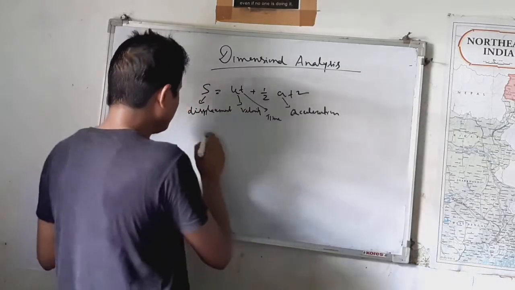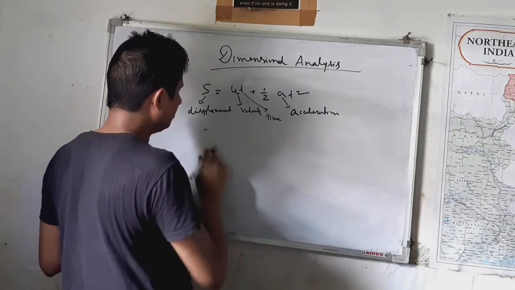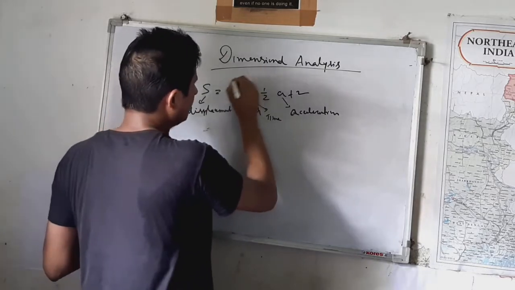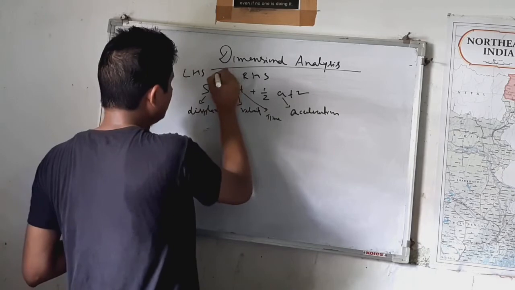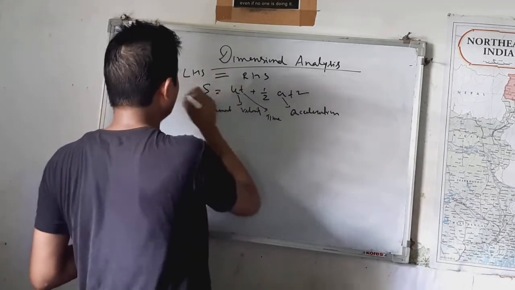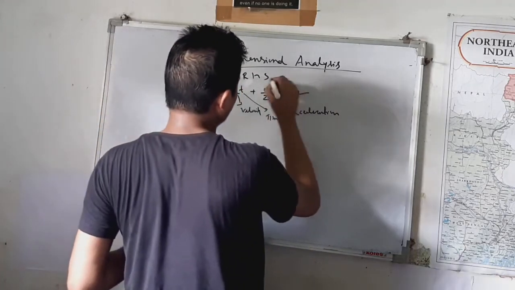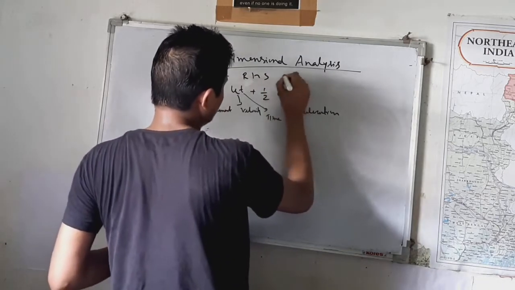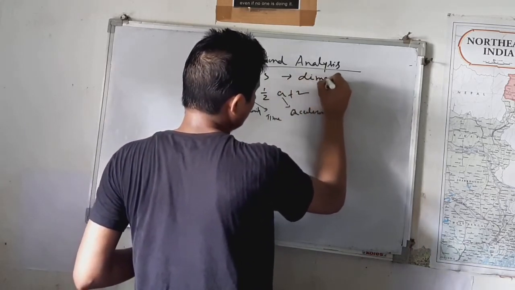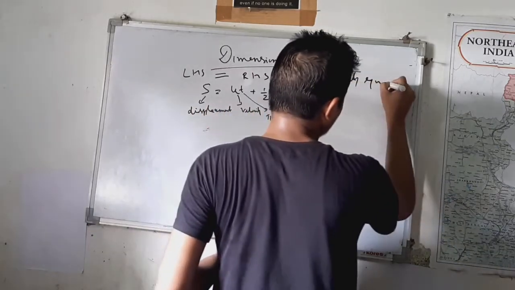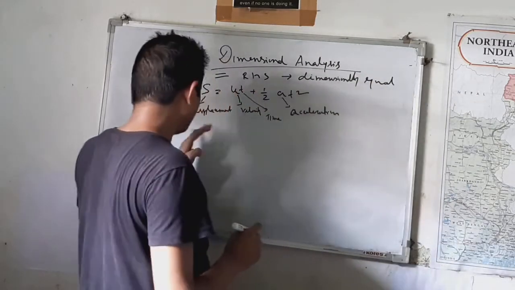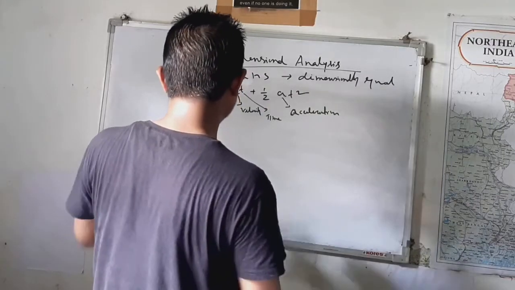Here, the right hand side of this equation and this is the left hand side must be equal dimensionally.